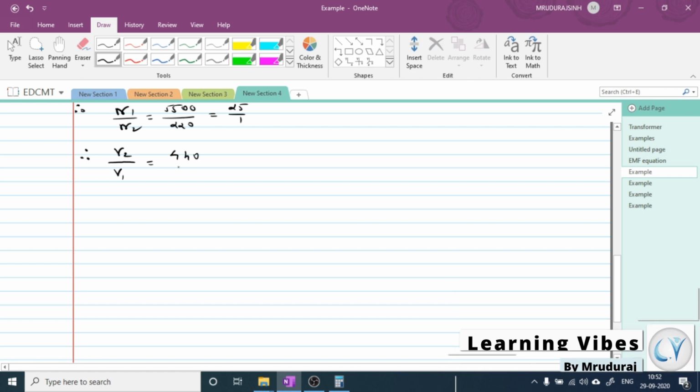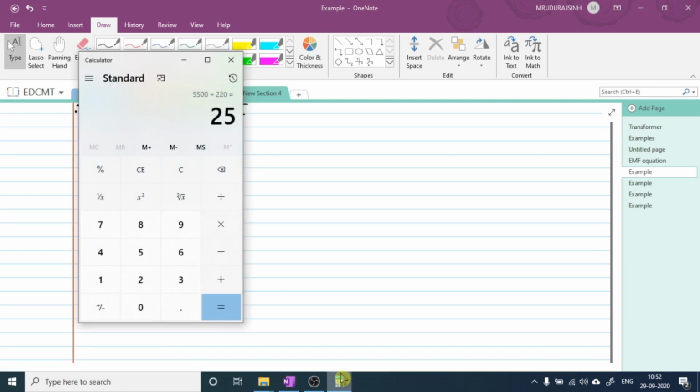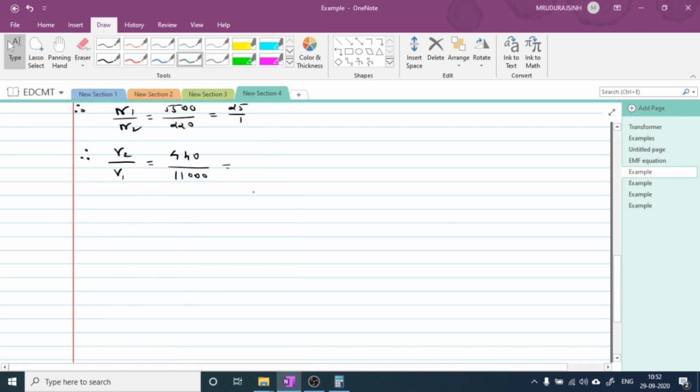So it's 440 divided by 11,000, and this gives us 0.04. So this ratio is 0.04 by 1. So we have got the transformation ratio, we have got the number of turns.